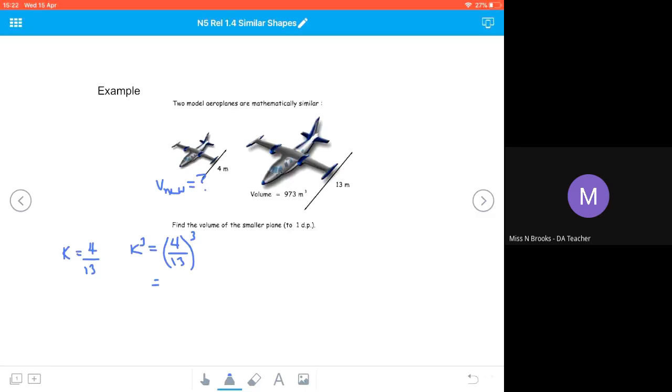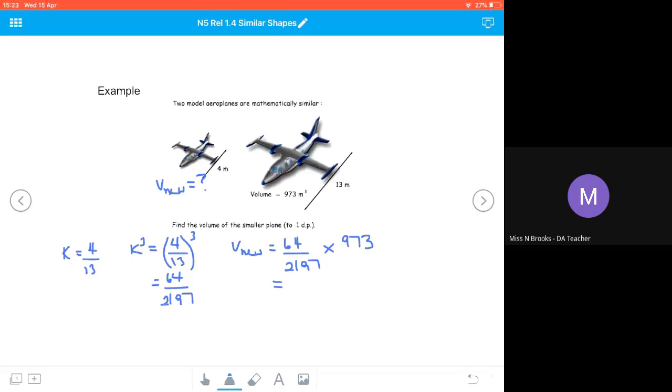And that comes to a value of 64 over 2,197. And then we want to work out what V new is. And so that's going to be our K cubed, our 64 over 2,197, multiplied by the volume of the large model.